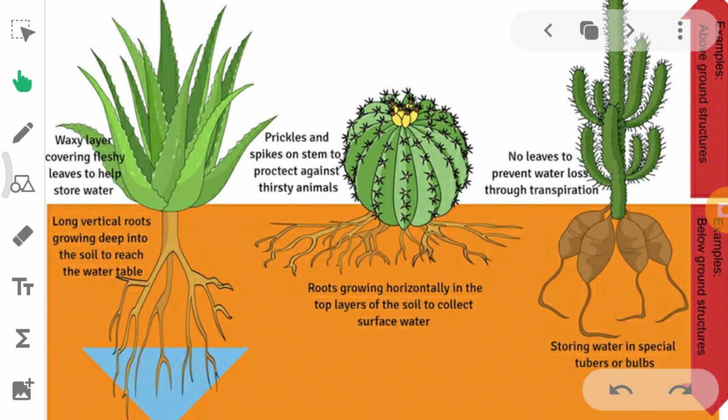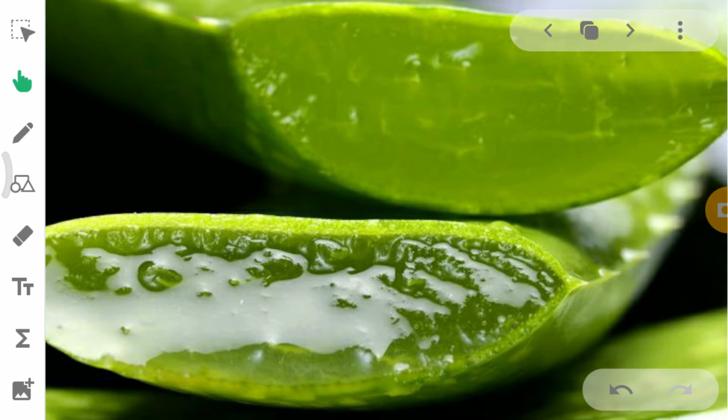Now let us understand each point very clearly. The waxy layer covering fleshy leaves helps store water. See, this is an aloe vera plant, right? In an aloe vera plant, see this coating, this is the waxy layer of this aloe vera plant. What are these thorns?